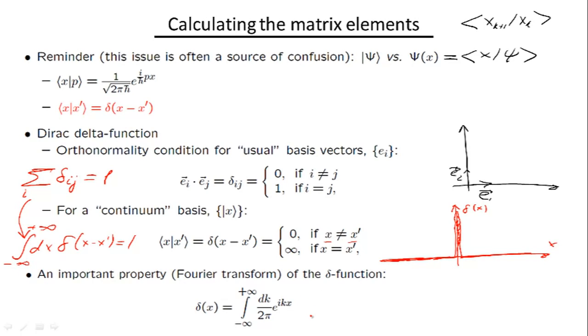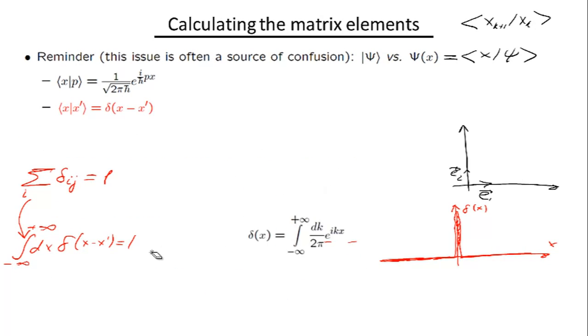If you Fourier transform the Dirac delta function, it will look like that. It's essentially an integral from minus infinity to plus infinity of dk over 2 pi e to the power ikx. These are the things that we need now to calculate the remaining matrix elements. One of them we in some sense have already calculated. So let me just put everything together and clean up this space a little bit.